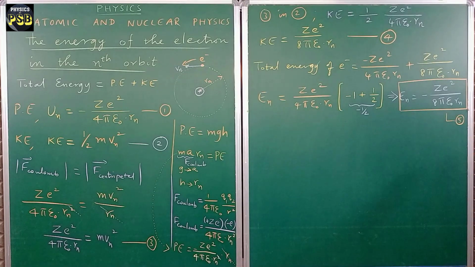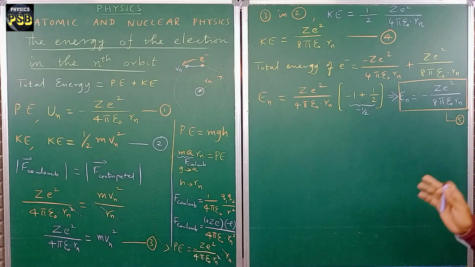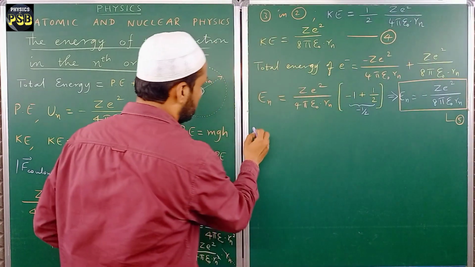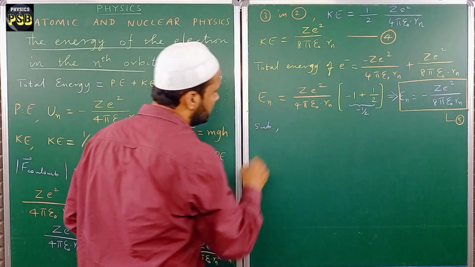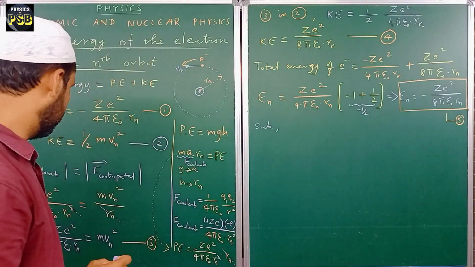Okay. And before doing so, I am going to substitute the value of Rn here. Here Rn is the radius of the nth orbit. That I am going to substitute.